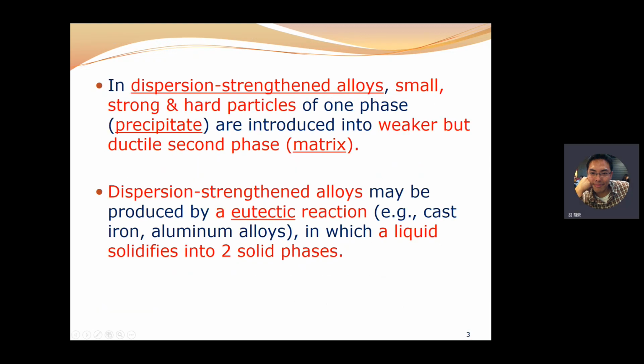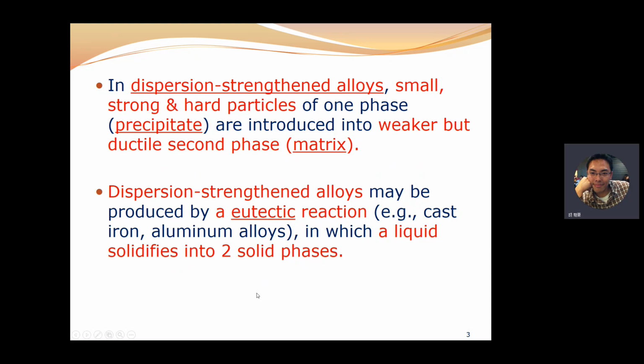In dispersion strengthened alloys, small, strong, and hard particles of one phase, which can be regarded as precipitates, are introduced into a weaker but ductile second phase, or matrix. That means you have a two-phase alloy: the first phase is quite ductile, and the other phase is brittle.